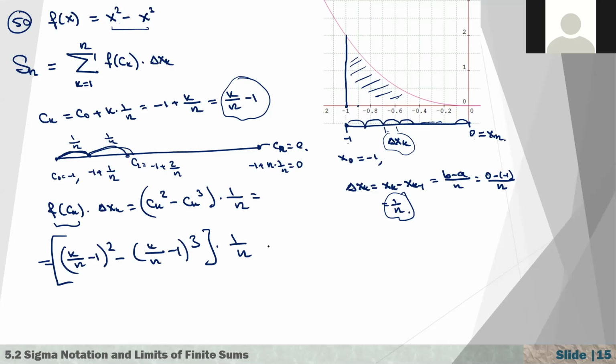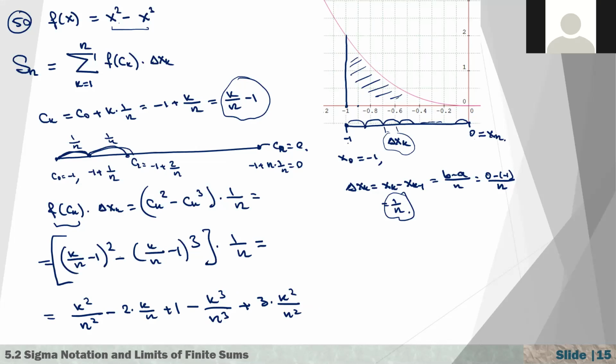So now we need to find the sum. Let's simplify this quickly. If you simplify the first part here, we have k squared over n squared minus 2 times k over n plus 1. The next one is minus k cubed over n cubed. With this minus, it is plus 3 times k squared over n squared.